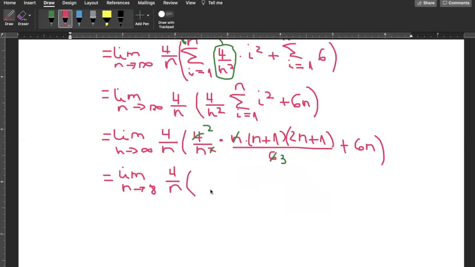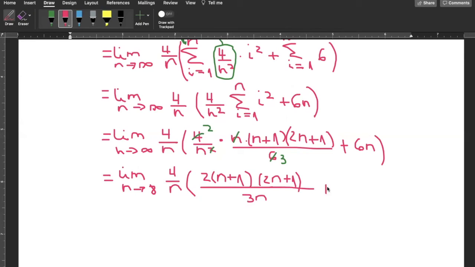So here we'll have 2 times n plus 1, 2n plus 1, plus. Into the denominator, we'll have just 3n.